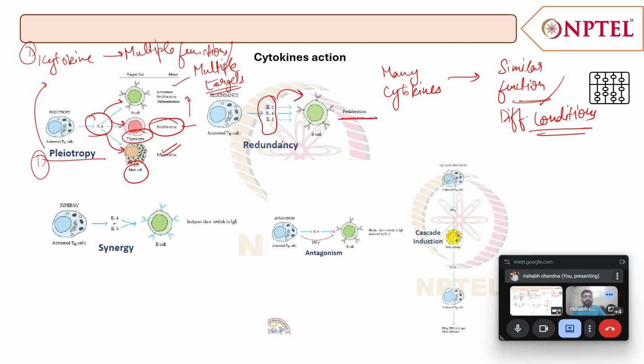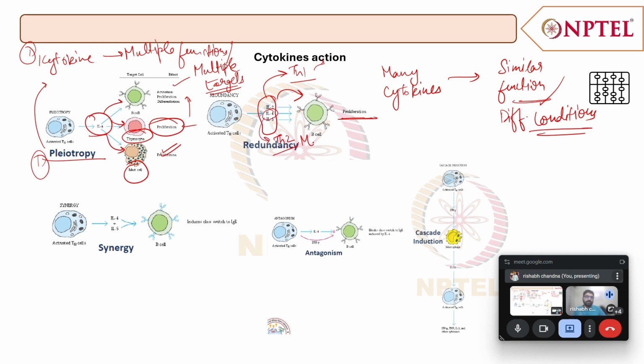So this is called the redundant function of the cytokines. But in nature, these three cytokines can be produced from different cells under different stimuli. For example, IL-2 is only produced by Th1 cells, and it helps in differentiation of T cells also. IL-4 on the other hand is secreted from Th2.